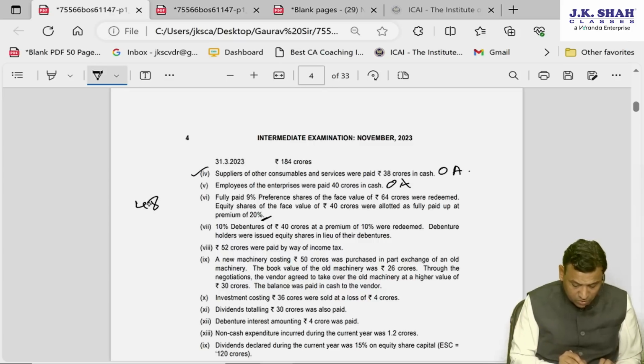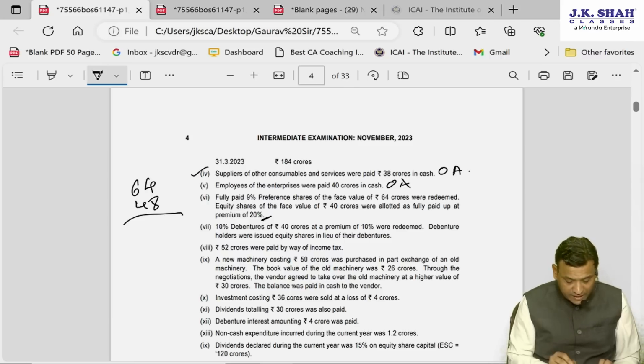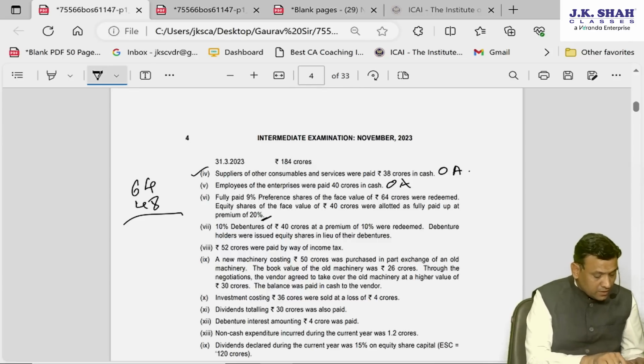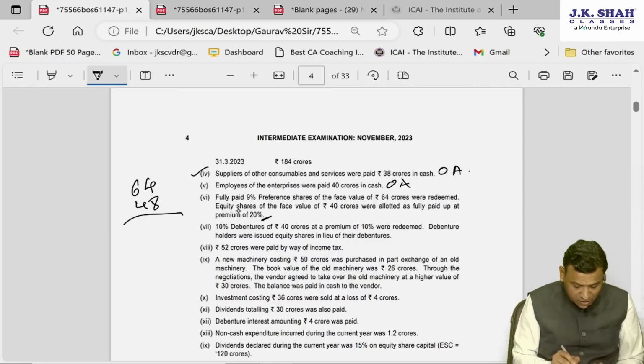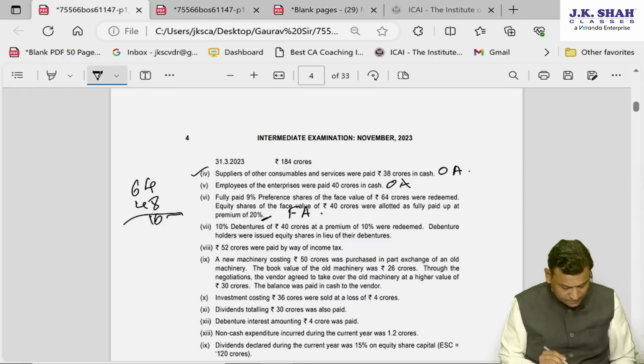The preference shares getting redeemed are 64 crores. We are issuing equity shares of 48. It means the remaining amount of 16 crore is nothing but my financing activity, payments made.